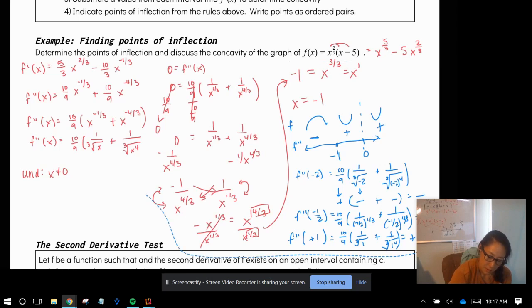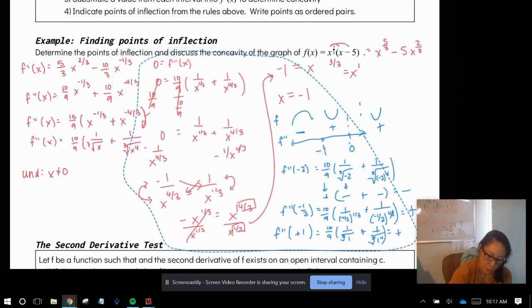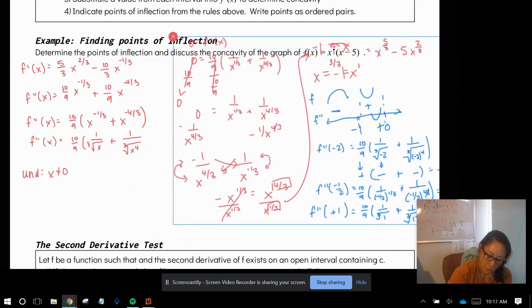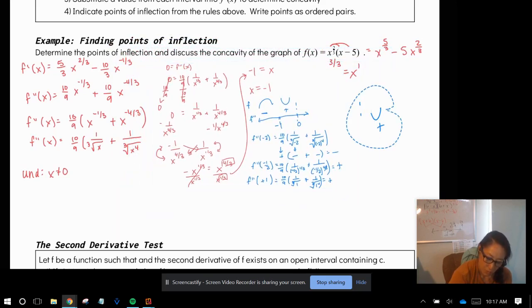inflection happen, okay. So our points of inflection are at x is equal to -1. And so in order to find the y value, we need to plug in -1 into the original.